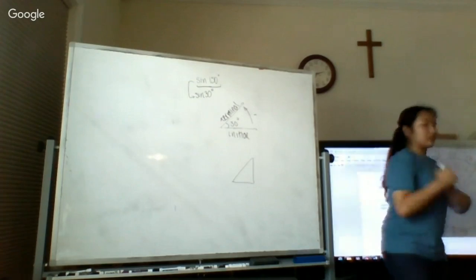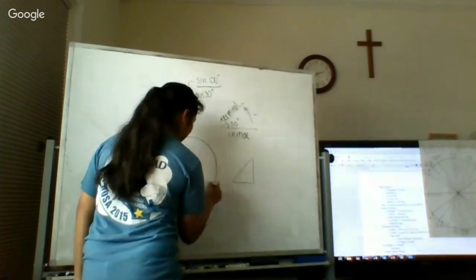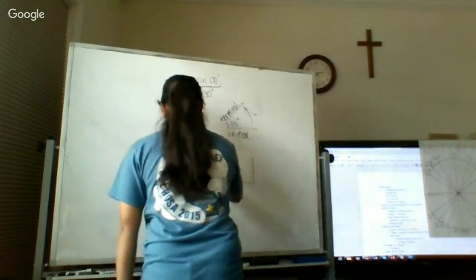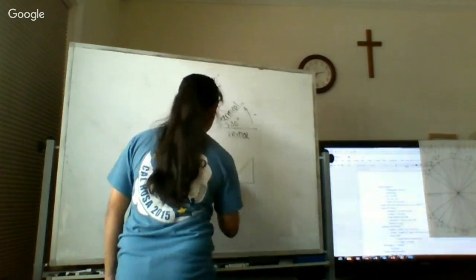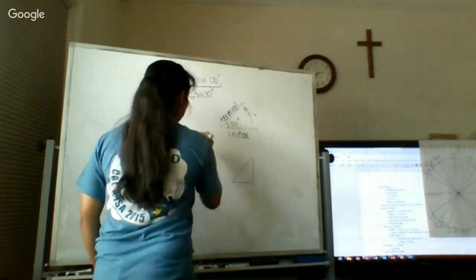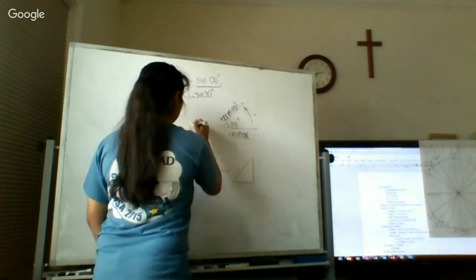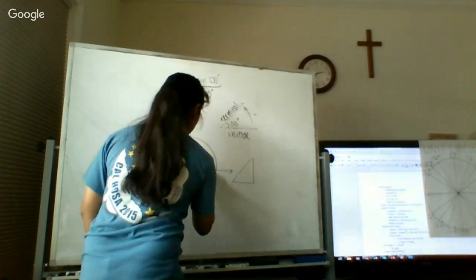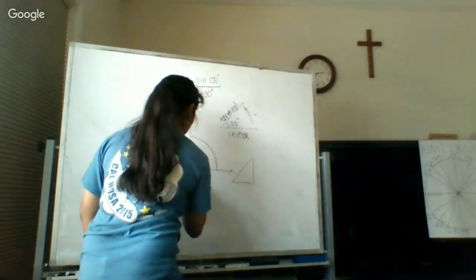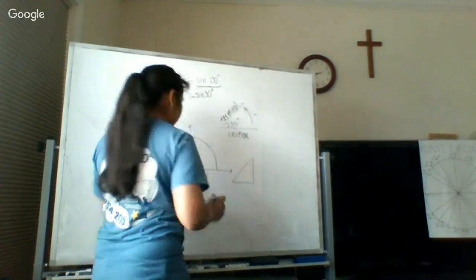So to do that, we just look at our little circle. Let's draw a half circle then. So this is like our quarter circle from the unit circle, and our radius is 1. So radius equals 1.